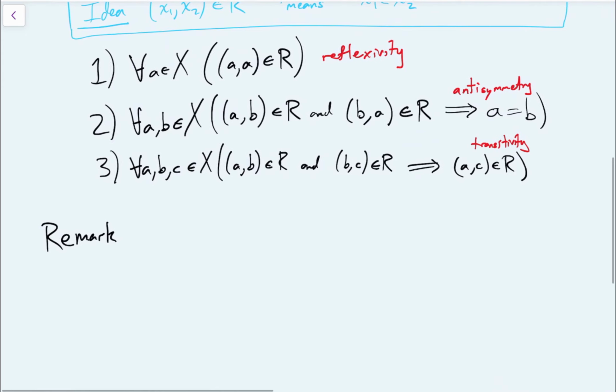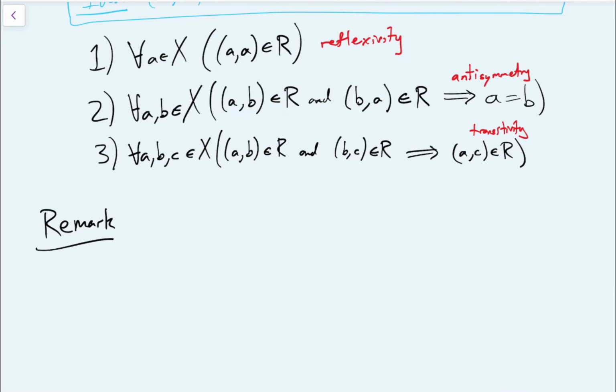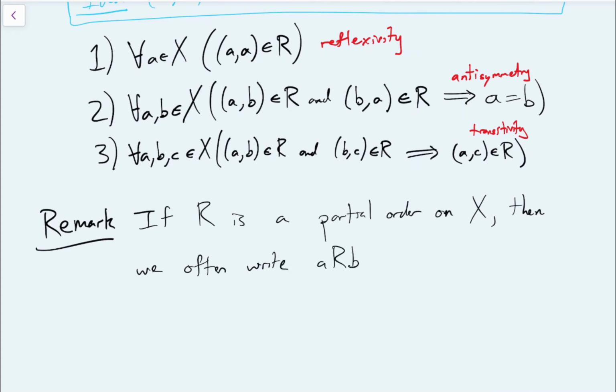Remark. In this situation, if R is a partial order on X, a subset of X cross X which satisfies these three axioms, then people often write ARB when they mean (A, B) is an element of R. The idea is that (A, B) being an element of R is supposed to say A is less than or equal to B with respect to this partial order.